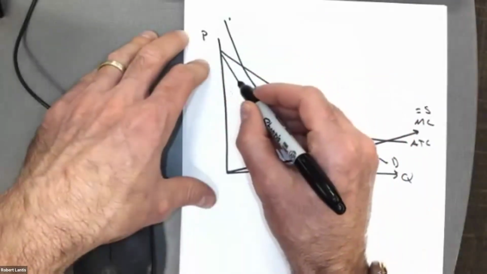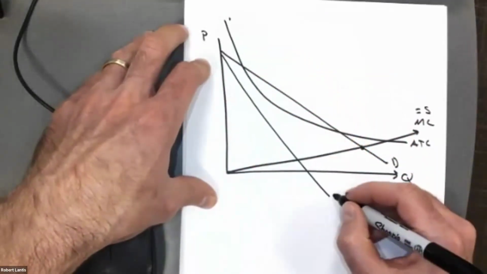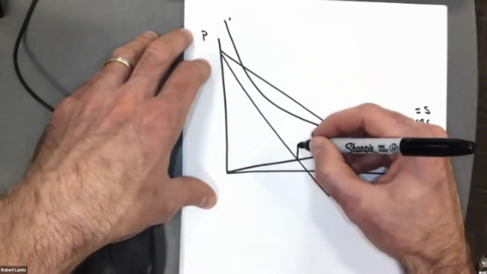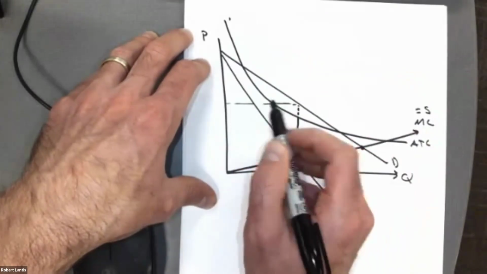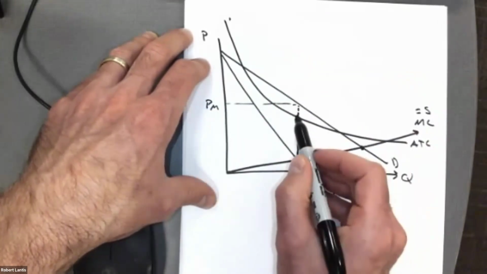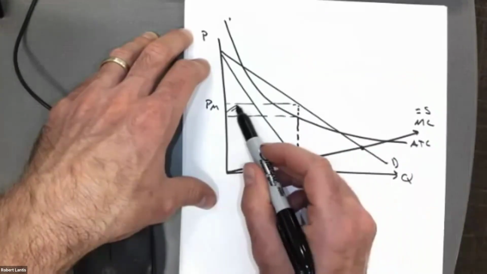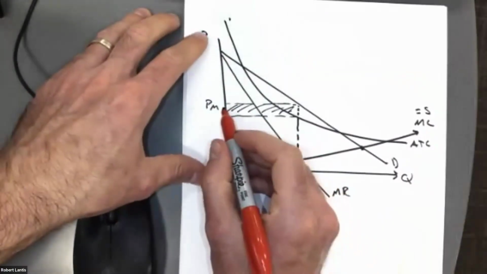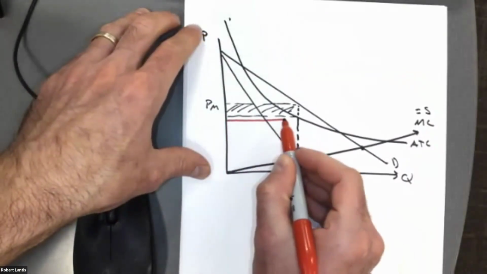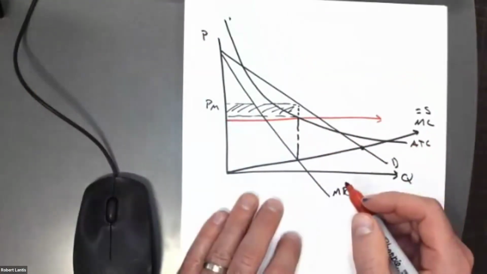Now, I know that if I don't regulate this market, they'll make decisions based off of a twice as steep marginal revenue curve. So what would be true here? The monopolist is going to set a price above their average total cost. We have positive profits. So what if instead I put a price ceiling in right here?